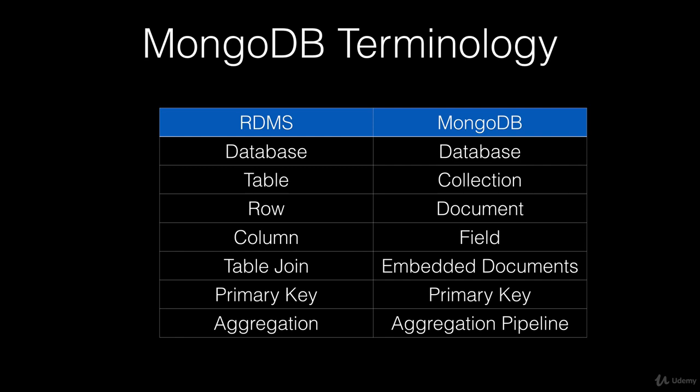Properties are called columns inside a database row, where in a document they'll be referred to as fields. Now, one of the powerful features of a relational database is being able to do table joins. You can do something similar with Mongo, and they call that embedded documents. So you get a reference to the document embedded inside another document. Both of them have a primary key, and then aggregation is a little bit different. And this is where you're going and doing a sum operation. So just a terminology difference there, really, but the approaches are fairly similar.